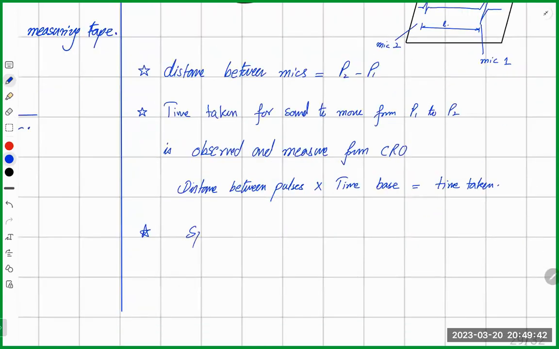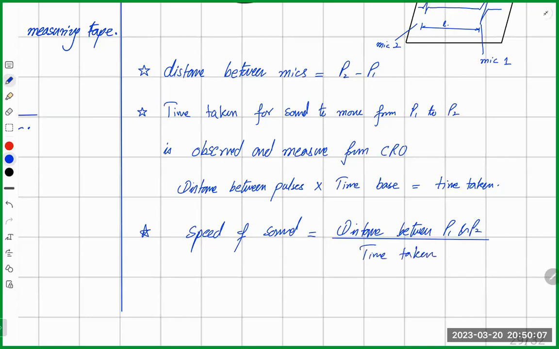Speed of sound equals distance between P1 and P2 divided by time taken.